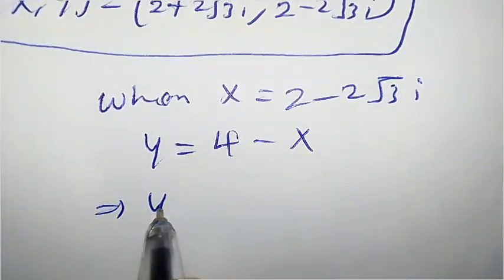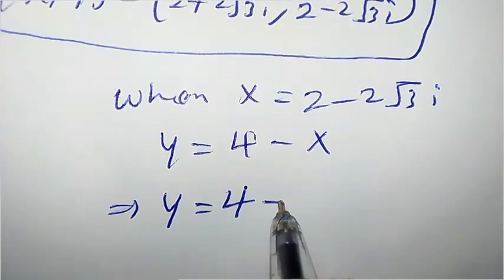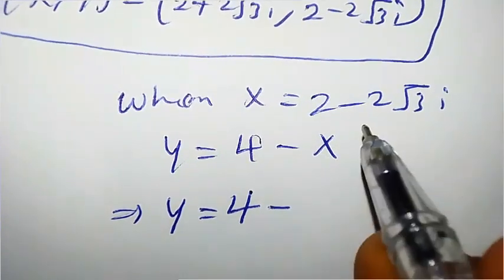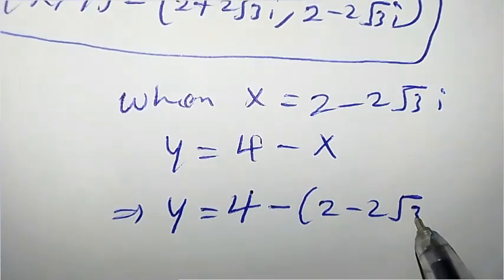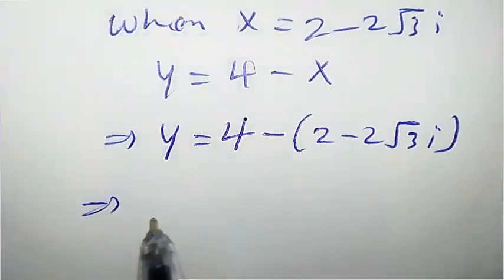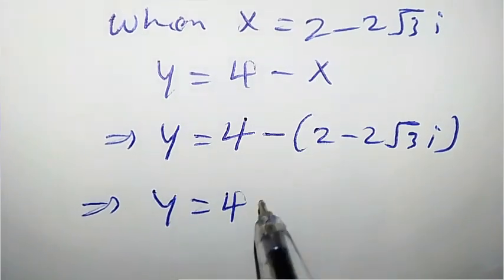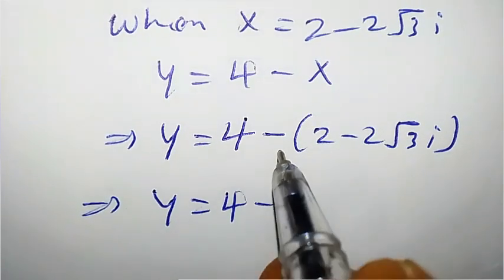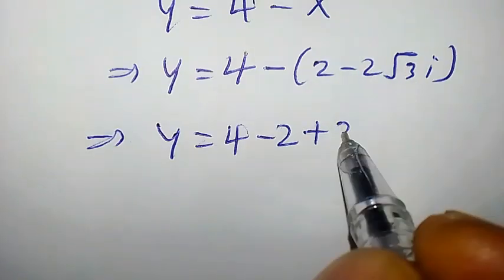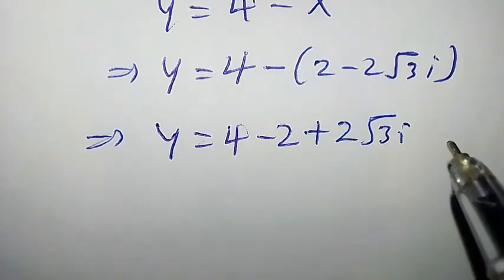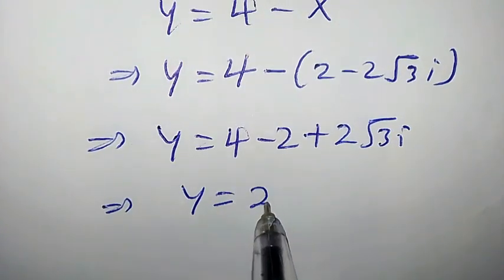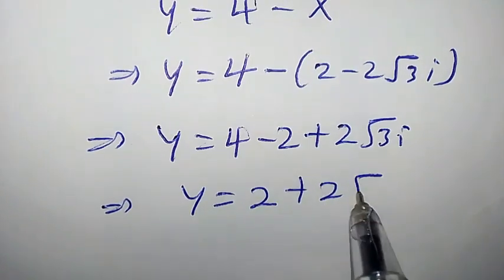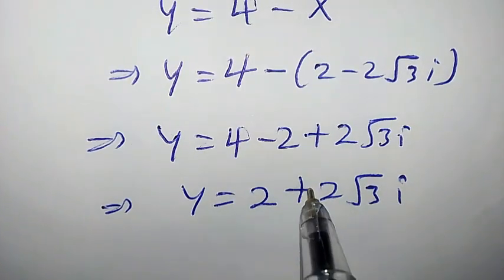This implies that y equals 4 minus, what is x now? This is the value of x, 2 minus 2 root 3i. This implies that y equals 4 minus times 2, that is negative 2, minus times minus, that is plus, plus 2 root 3i. This implies that y equals 4 minus 2, that is 2, plus 2 root 3i.